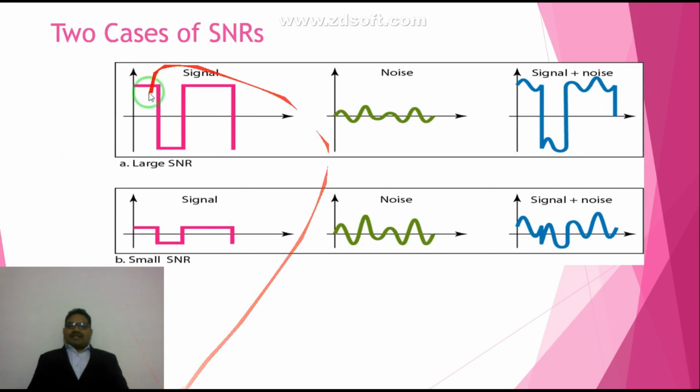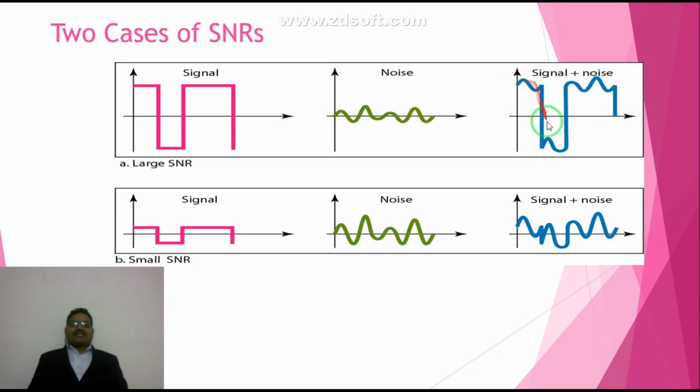Now you can see what I told. If a larger value of SNR is there, it means the signal power is much more as compared to the noise power, which is very much low. It means the noise could not affect the signal to that extent. Due to which you can observe the shape of that signal is almost square.